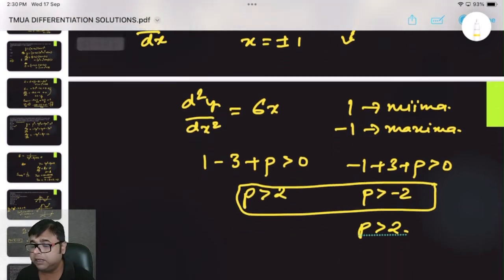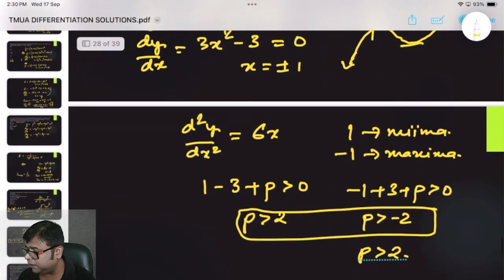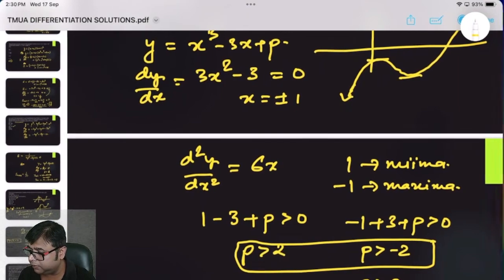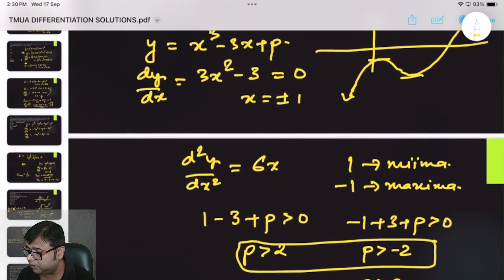Second condition is both the values should be negative. So if I put negative in the function, at 1, minus 3 plus p should be less than 0, and so it gives me p less than 2.